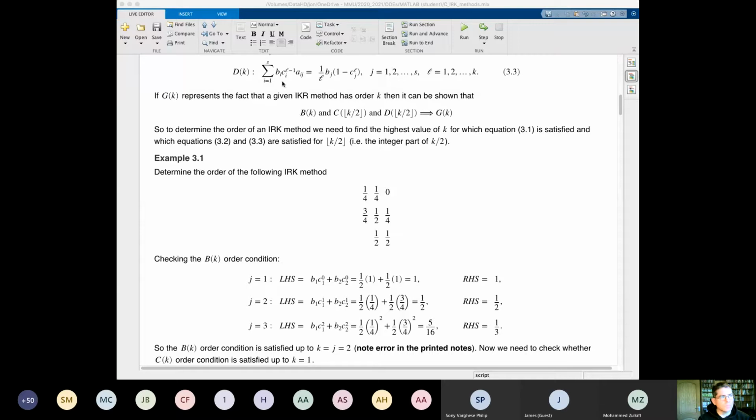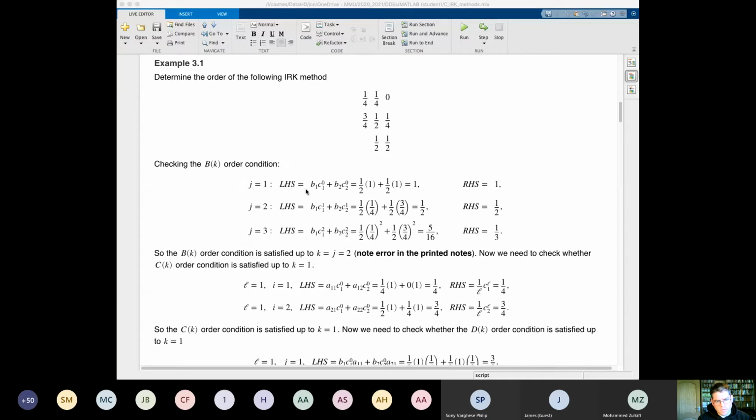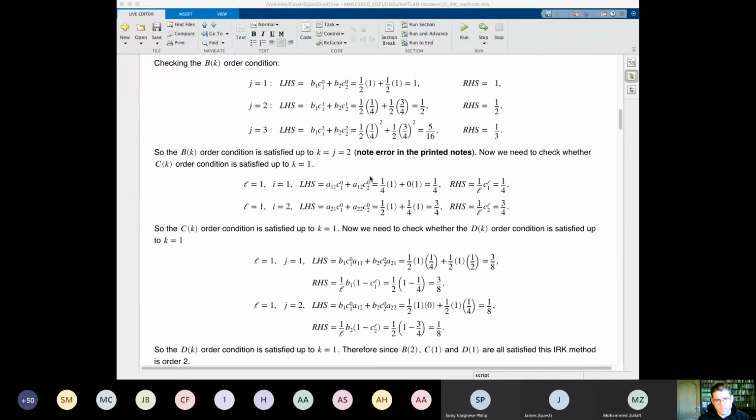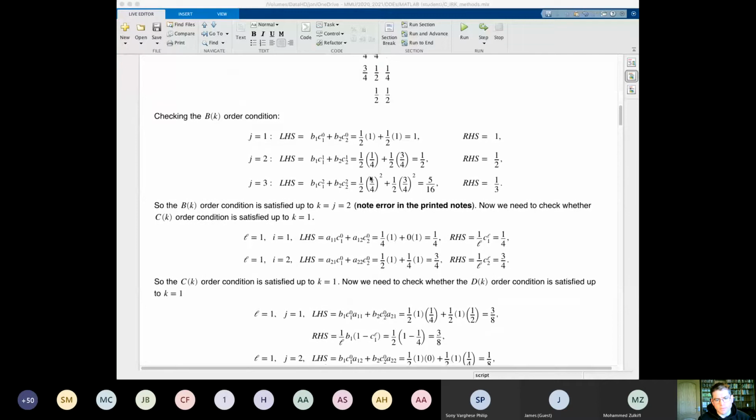It's a slightly more complicated order condition for D. If I show you in the notes, in the example, we have B1 times A11 plus B2 times A21. I can't quite get it on the same screen.